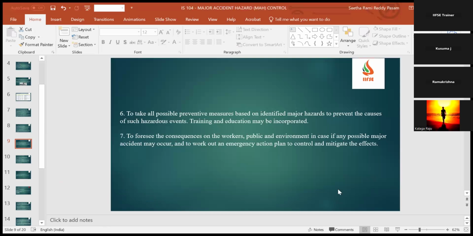One is the off-site emergency plan and one is the on-site emergency plan. And these MAH installations have to undergo a third-party safety audit every year. That we'll see in detailed discussions in the legislation paper discussion.